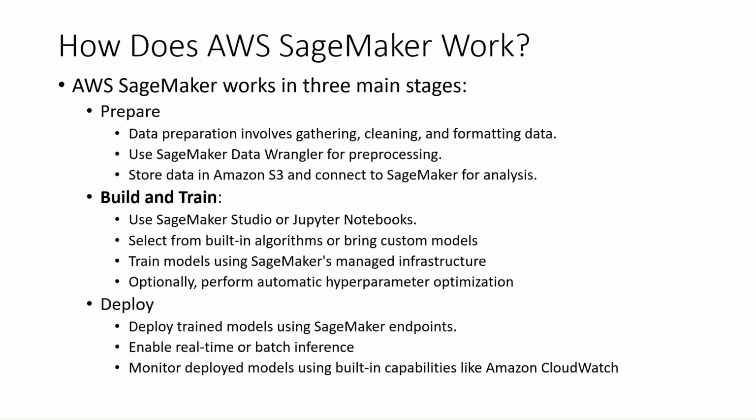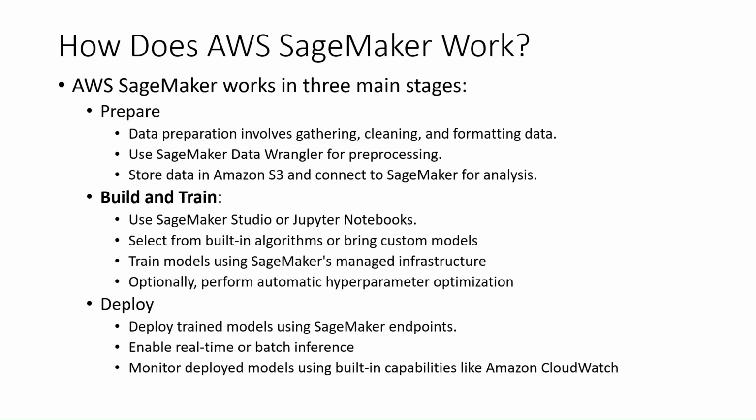How exactly is it going to work? We will have three major steps in the process. The initial one is preparation, where data preparation involves gathering, cleaning, and formatting of data.